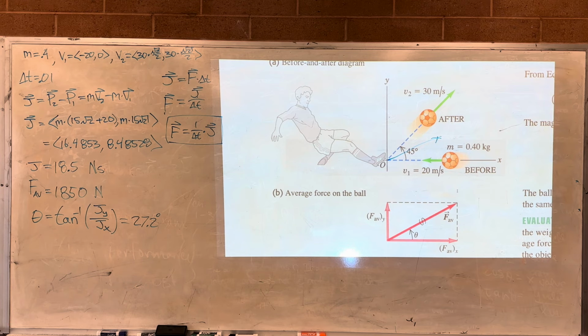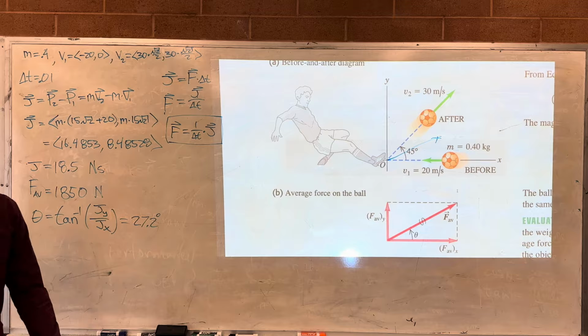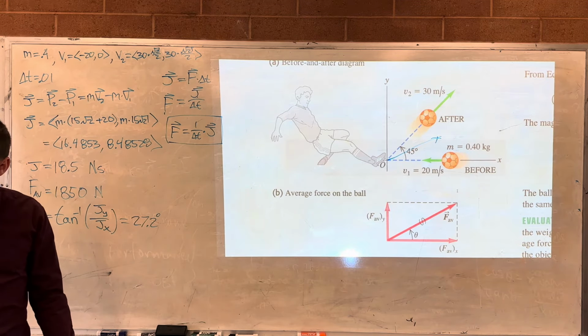So why did the ball fly at a 45-degree angle instead of a 27-degree angle? What made the ball fly that way instead of along that force vector? You can almost think about it as what were all the average accelerations?